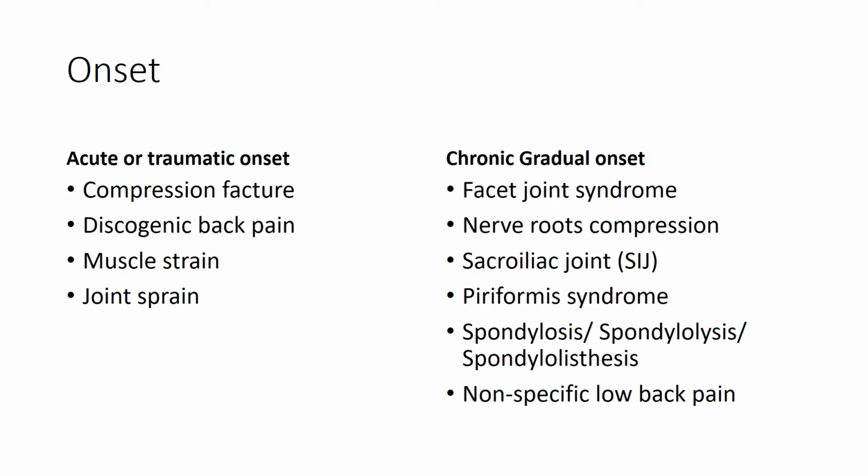Of course, most pathologies have acute and chronic stages, but in some conditions the acute stage is more prominent, and the patient can definitely tell you about the acute, sudden onset. For example, compression fracture, definitely there should be a traumatic event, and discogenic back pain, the patient should be able to tell you about coughing, wheezing, or sudden onset.